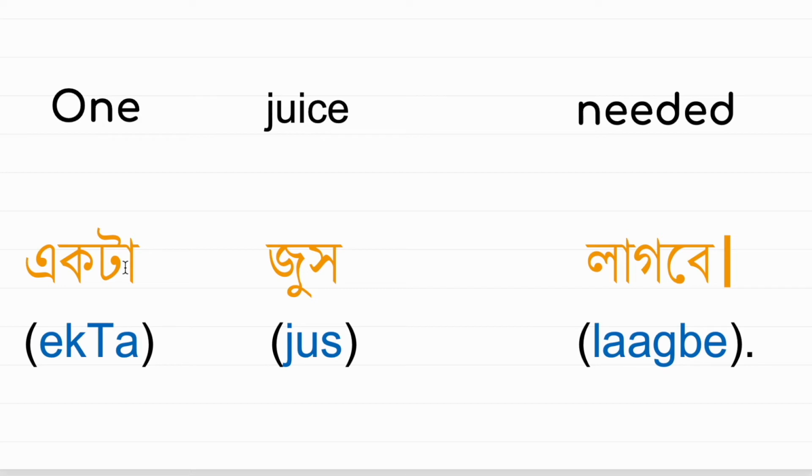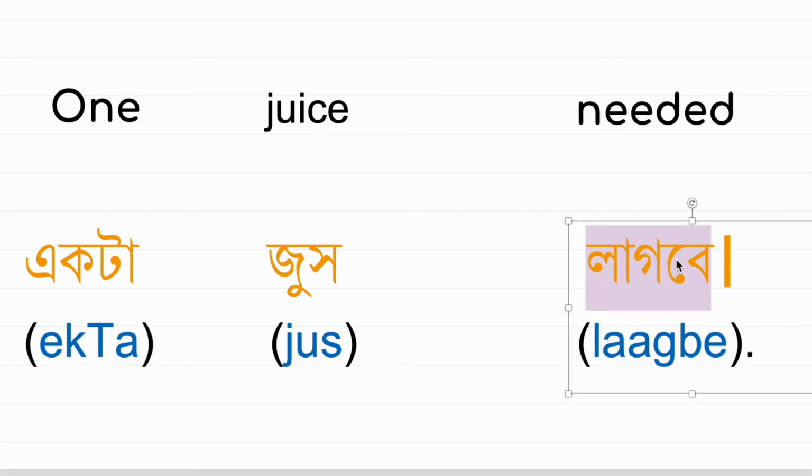So in Bangla we can say ekta juice lagbe. So will be is omitted because you already know is and will be are sometimes omitted in Bangla. Is is omitted most of the time, and will be is used, but here the lagbe is already in future form.